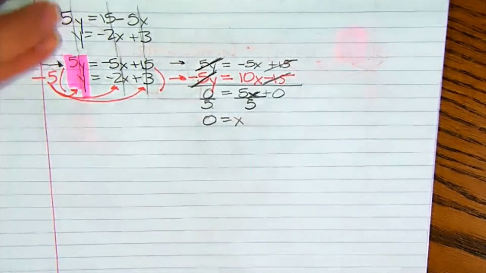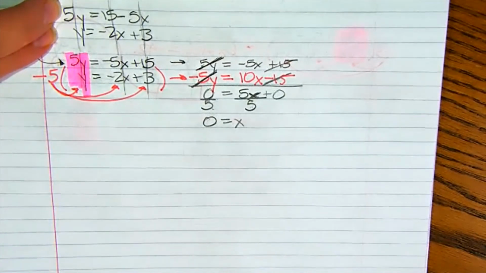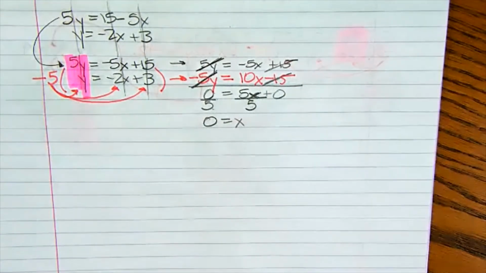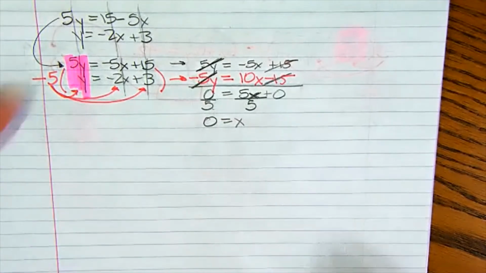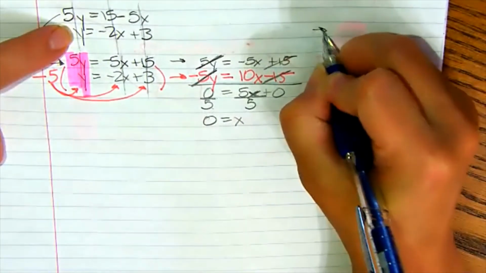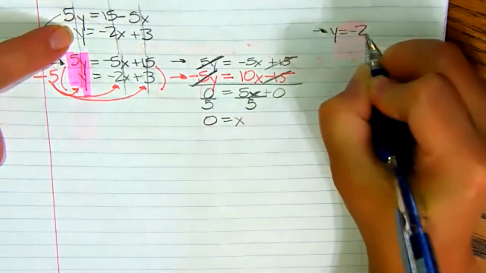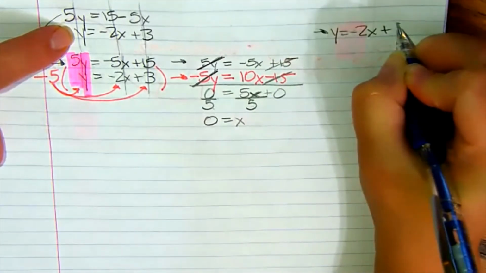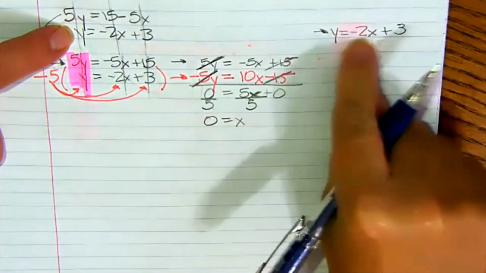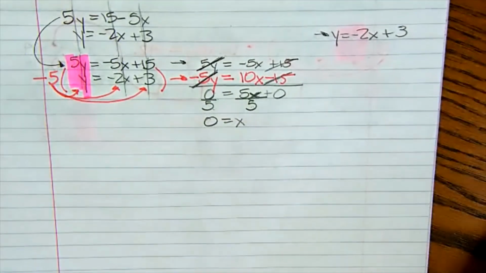So I'm going to come back up here to my original equations, and I'm going to pick the one that looks the easiest to work with. I think this one looks the easiest to work with. I can use either equation, but I think this one looks the easiest.